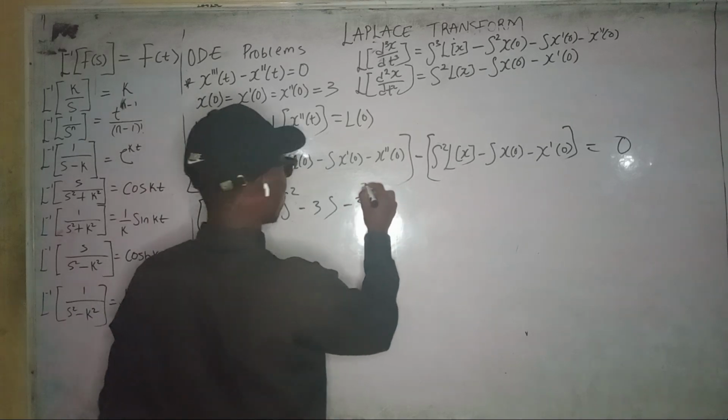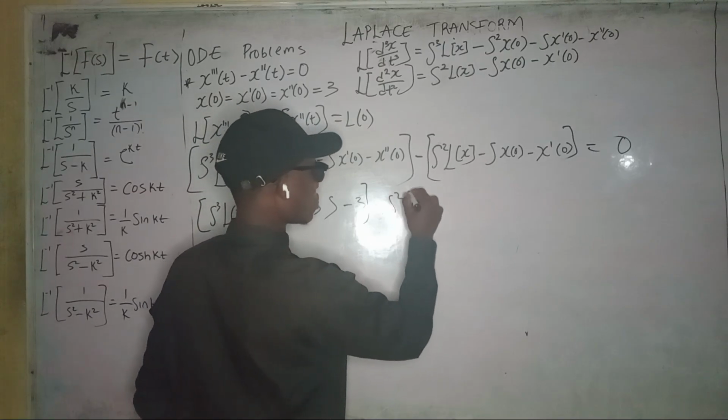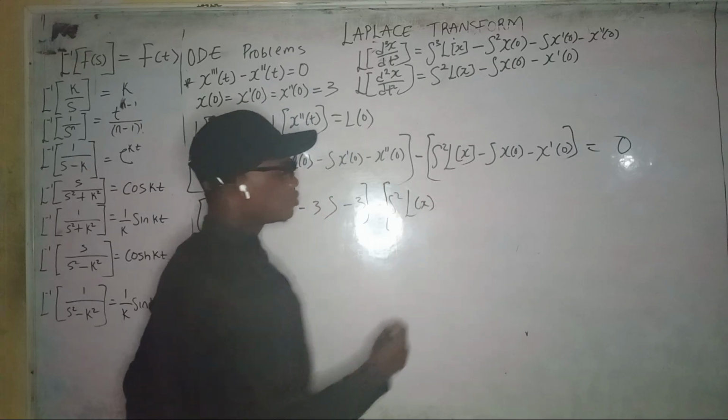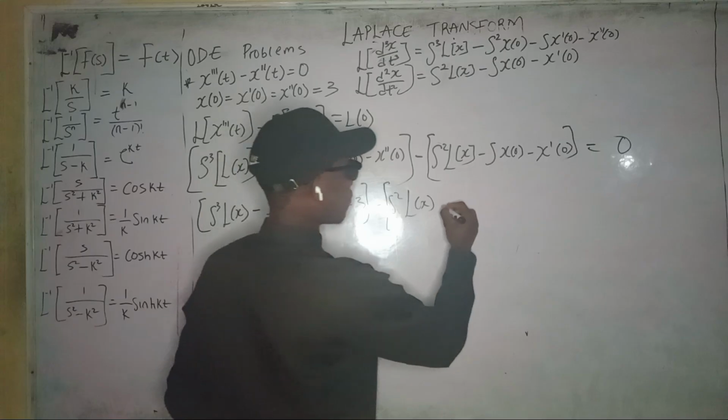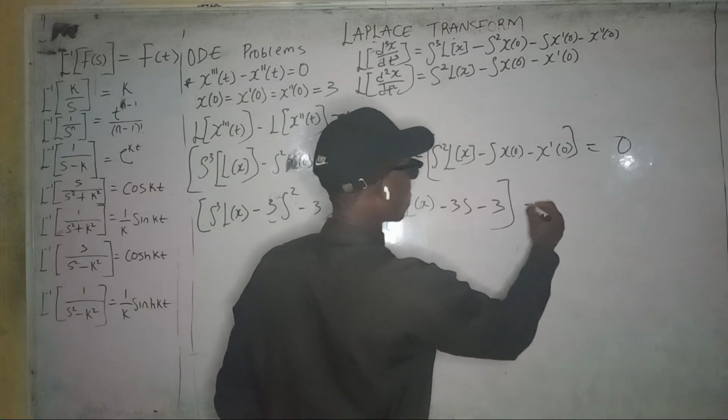And in this other case, we have minus s squared times the Laplace transform of x, and we have s times x(0), which is minus 3s, minus 3, equals 0.